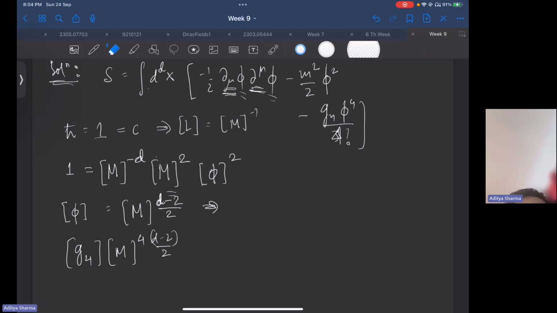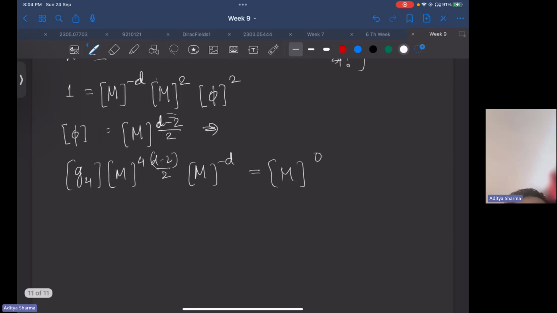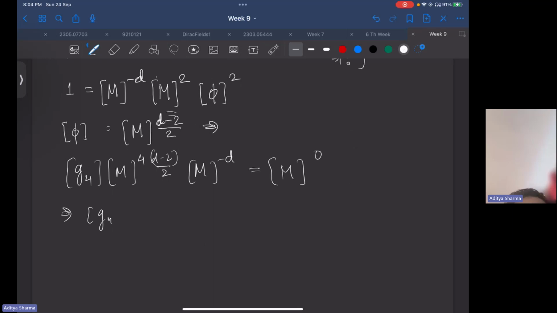Now we have length. Now I have these many lengths, and they have m to the power minus d, equal to the power 0. The dimension of G4 is equal to m to the power 2d minus 4 minus d, that is 2d minus d.